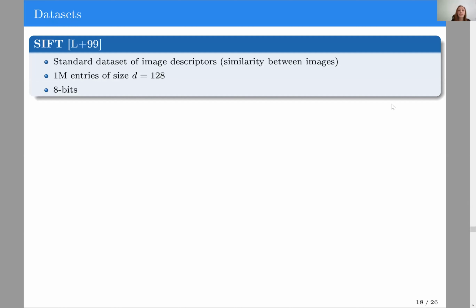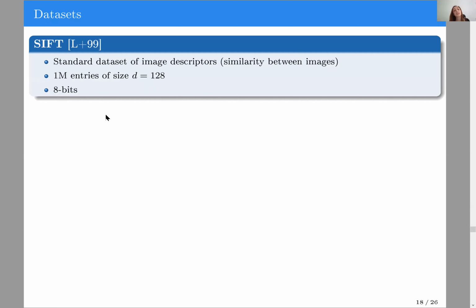The first one is the SIFT dataset, a standard database containing image descriptors that can be used to do similarity search between images. The SIFT dataset contains 1 million entries, and every entry is a vector of 128 elements, each one an 8-bit integer.